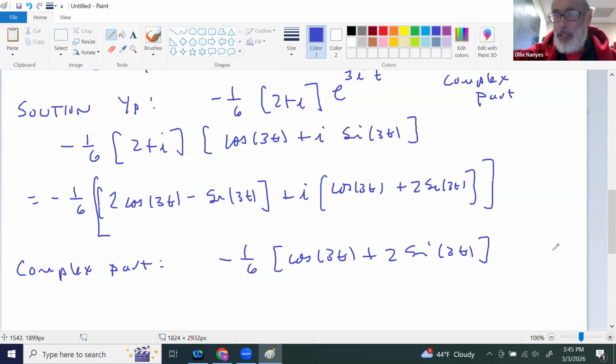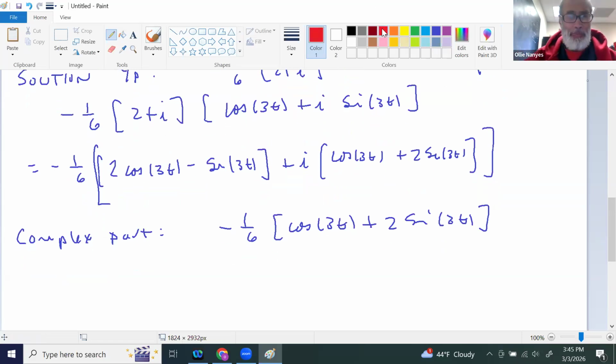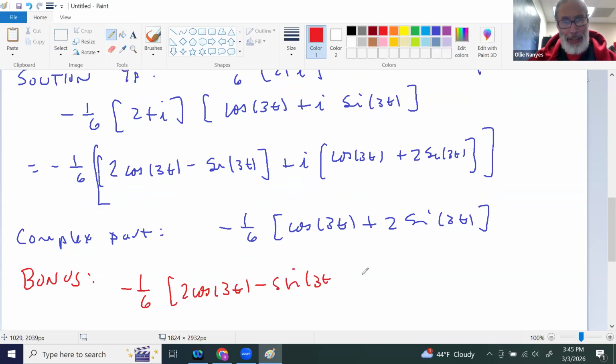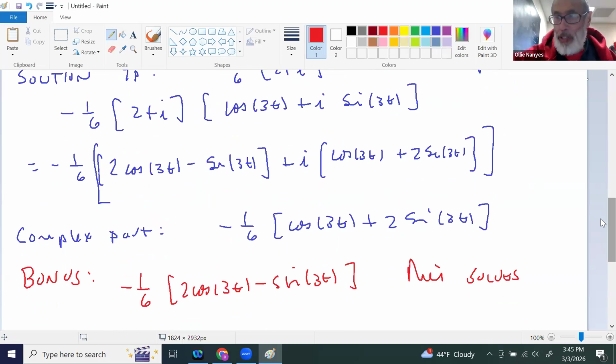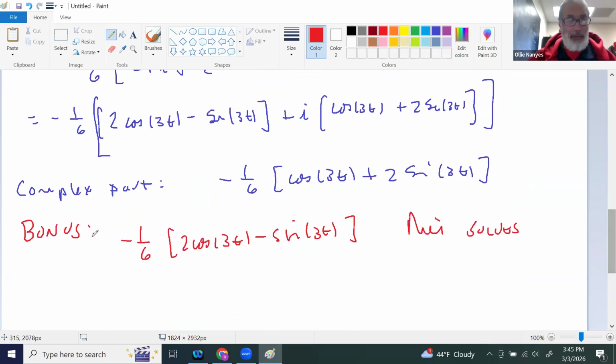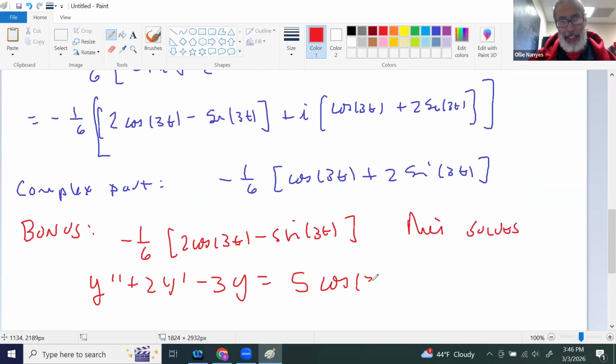Okay? Now here's a bonus. If we look at the real part, minus 1/6 times 2 cosine 3t minus sine of 3t, this solves, free of charge, the differential equation y double prime plus 2y prime minus 3y equals 5 cosine 3t.